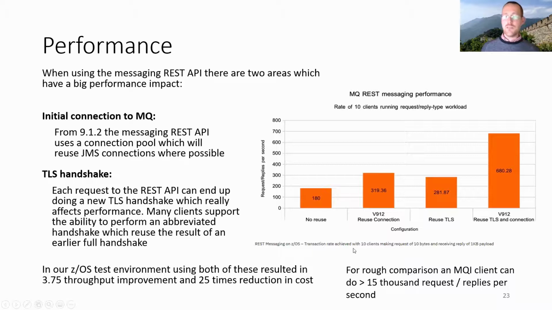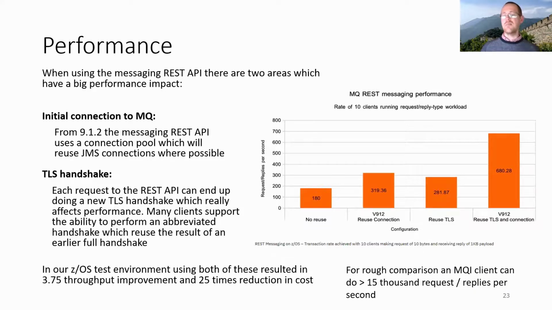So when we originally did the REST API, it didn't have any connection pooling. So every individual HTTP request was a separate connection to MQ, and then put to a queue, and then you disconnected. And that's because we were trying to get this functionality out relatively quick. So that gives you a certain performance point, 180 request replies per second in our environment.